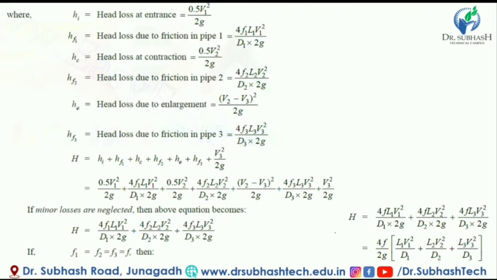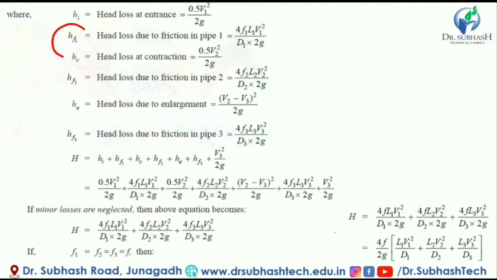Now we know the values of the major losses, meaning the friction losses, and the minor losses. The inlet loss is defined by 0.5 V1 square upon 2G.